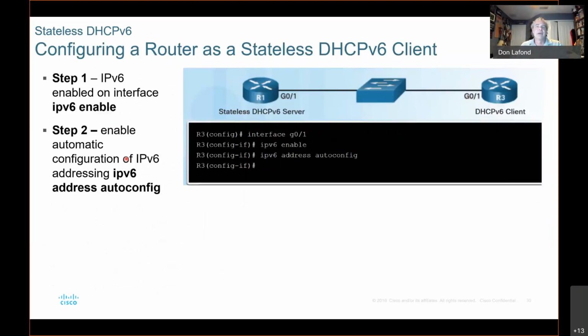So if you are connecting to a server, and the server is stateless, and it's letting you create your own address on this interface, then you use IPv6 address auto configuration. That so makes sense with the A flag.